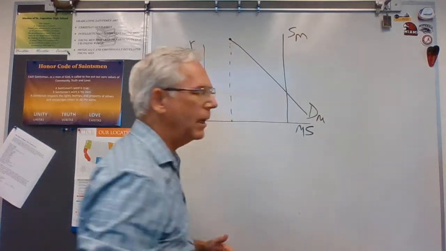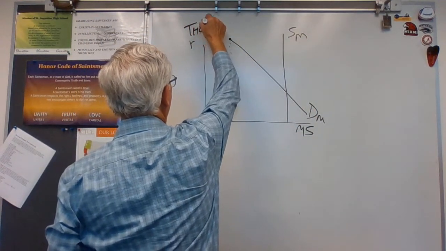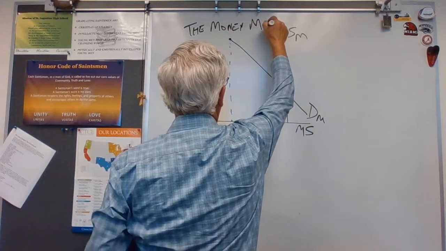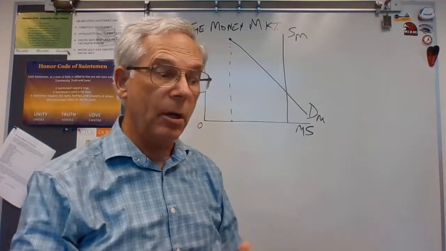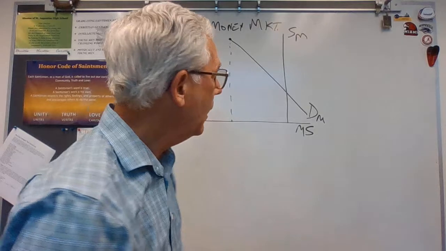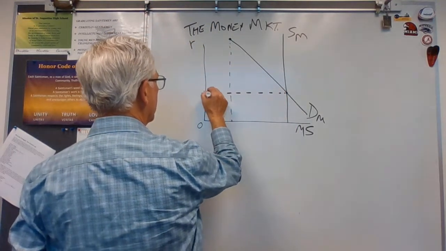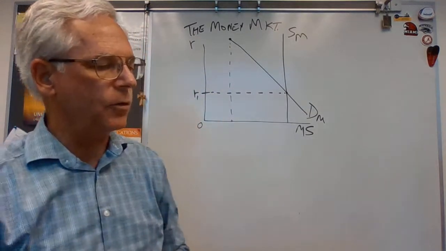That's the supply of money, and this is the money market, or the AP exam may refer to it as the market for money. And that, of course, is the equilibrium interest rate, the real rate of interest. We'll call it R1 in this situation.